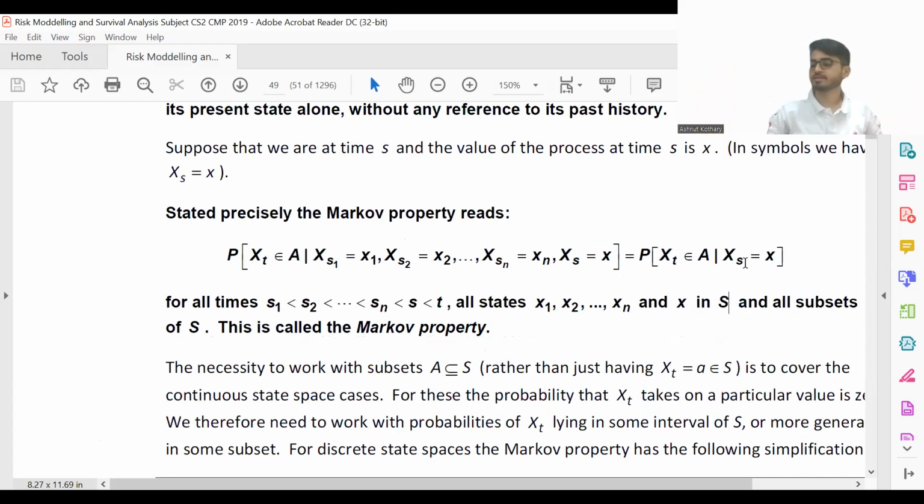If you see on the RHS, we are just taking X_s is equal to x. All we are concerned with is time s only. The other times sn, s2, s1, all these are not required. Here, s1 is less than s2, s2 less than s3, sn is less than s, and s is less than t. So the last time before t at which we knew the value of the process was nothing but time s.